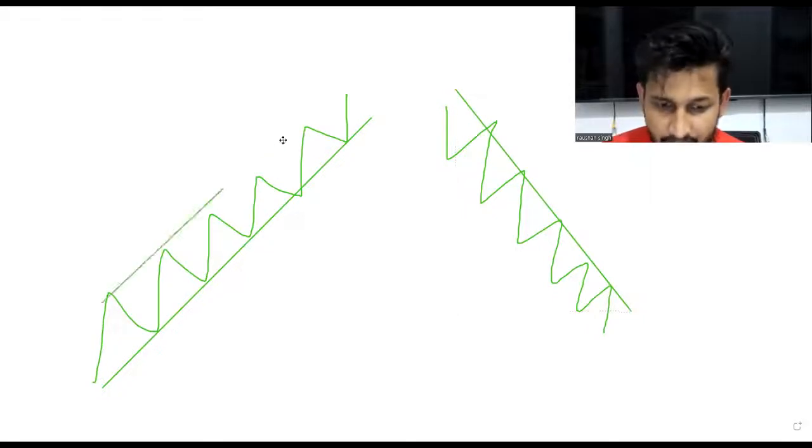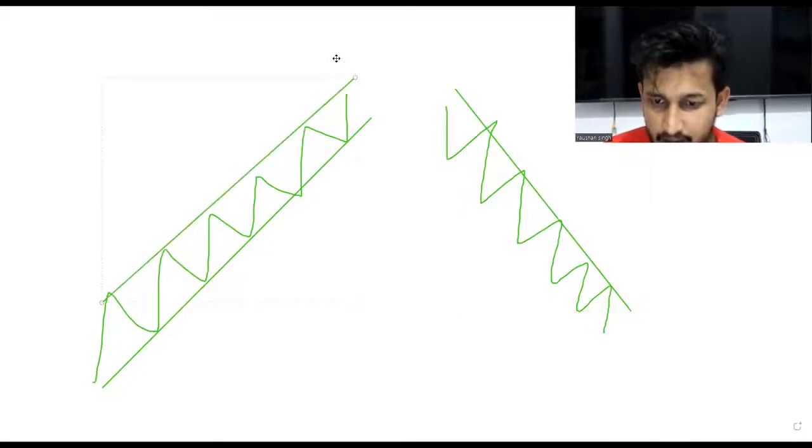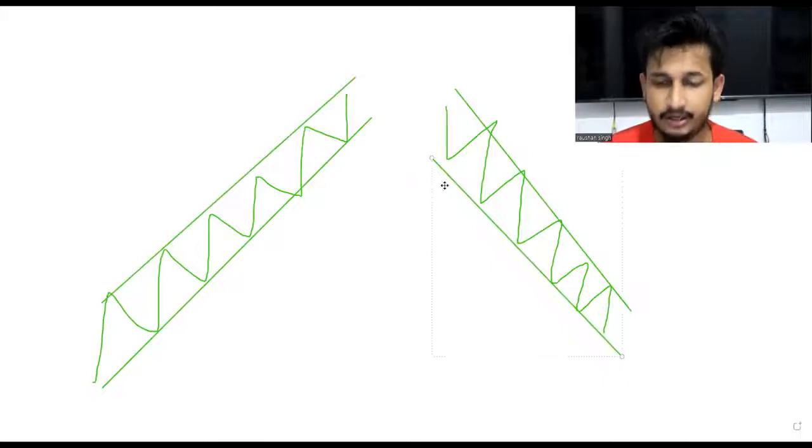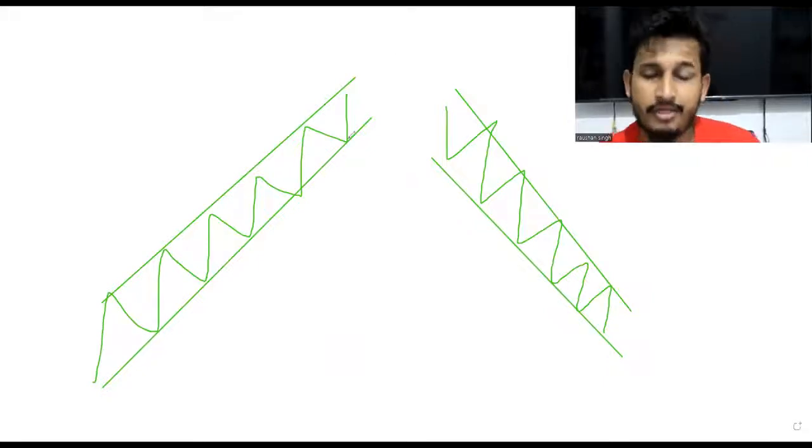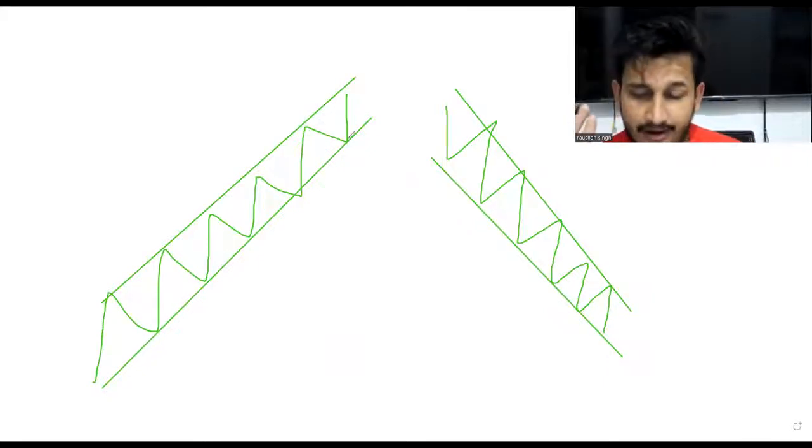So trend line, we draw it for the purpose of our support and resistance. Trend line helps us in identifying the support and resistance in the trending market.